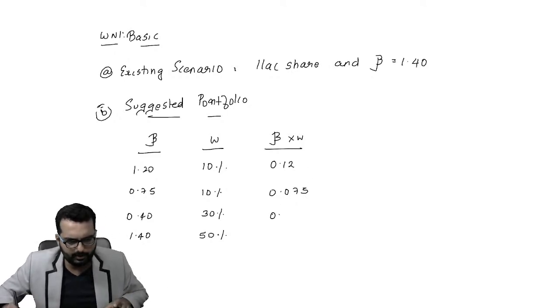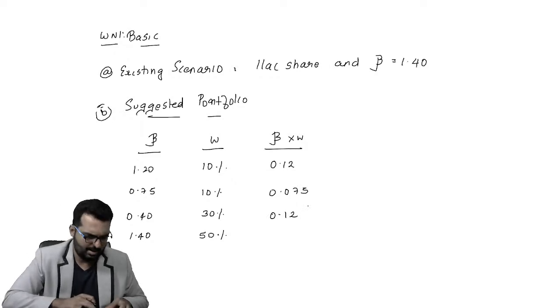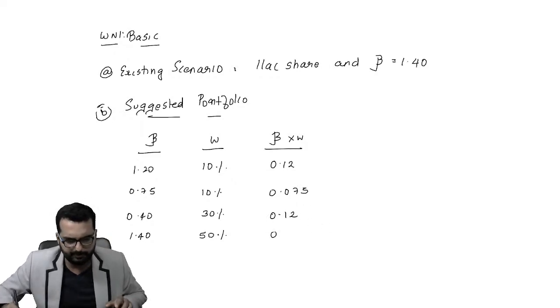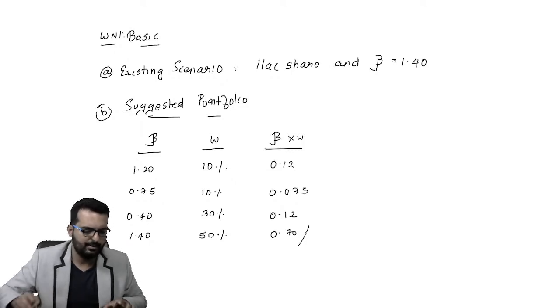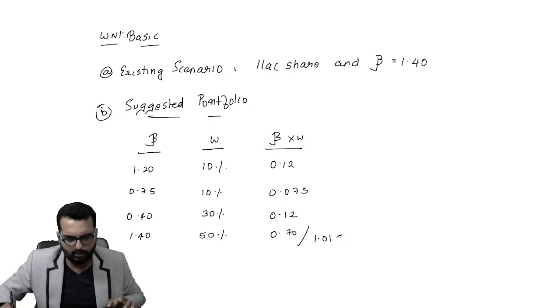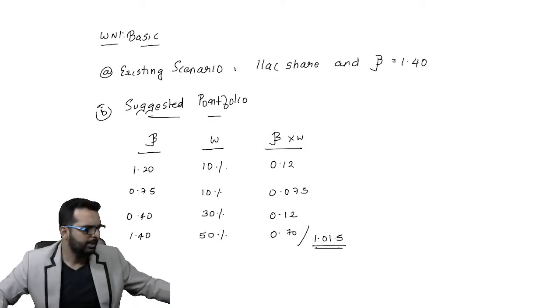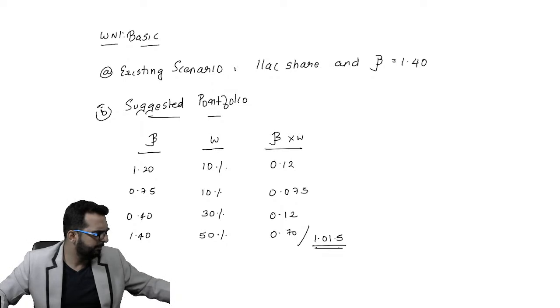Again, I'll get 0.12. Okay. And the last one would be 0.7. So what's the total I'll get over here? 0.12, 0.075 plus 0.12 plus 0.7, 1.01. Can you write down till here in your books quickly?